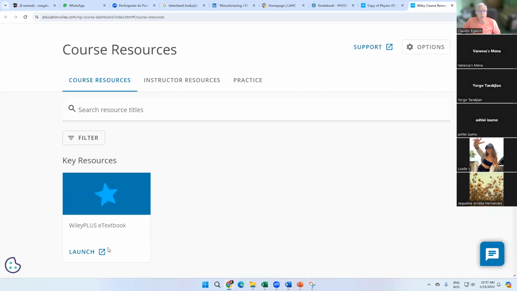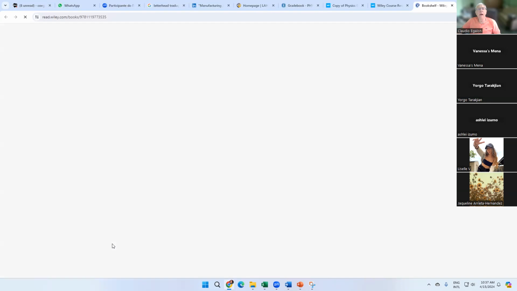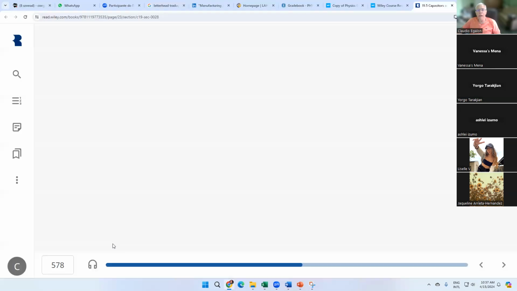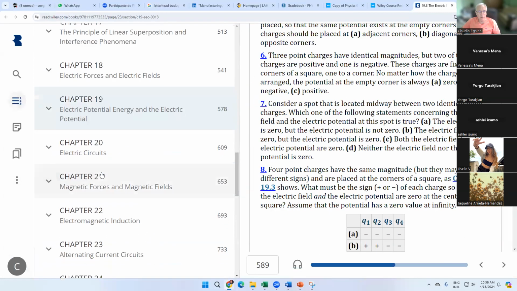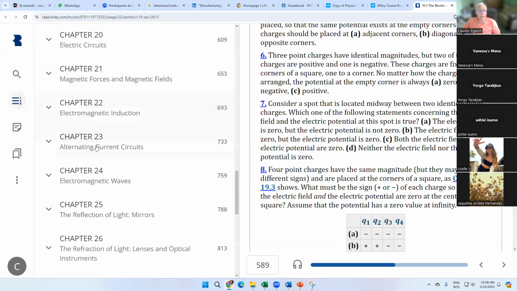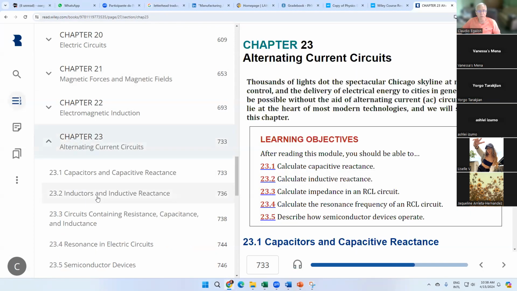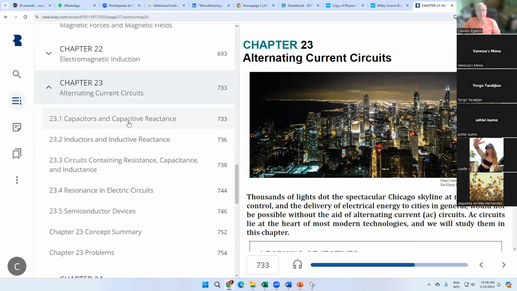Let's see what we covered so far. Chapter 23, alternating circuits. Capacitors and capacitive reactance. We did that, right? Inductors and inductive reactance. And circuits containing resistance, capacitance, and inductance.